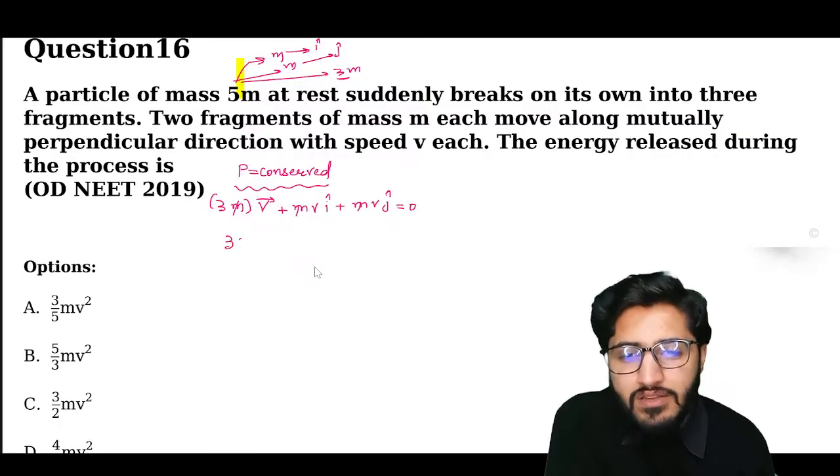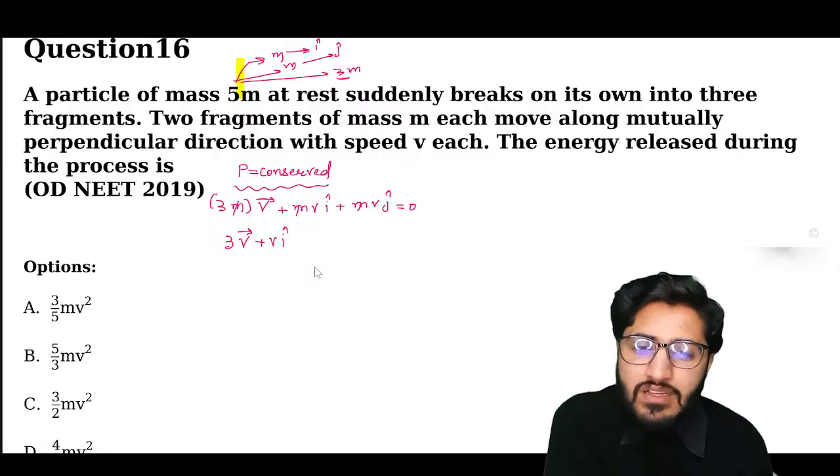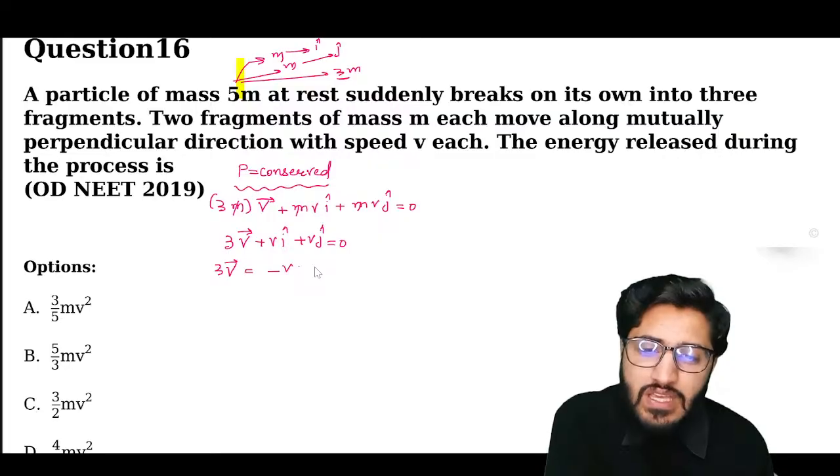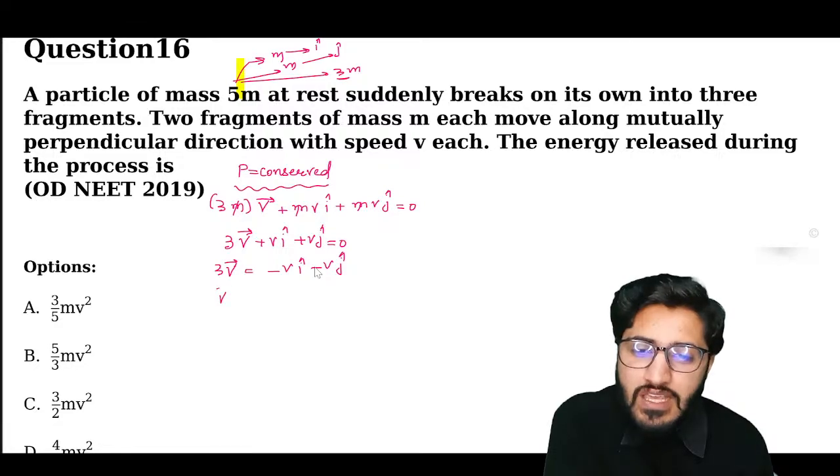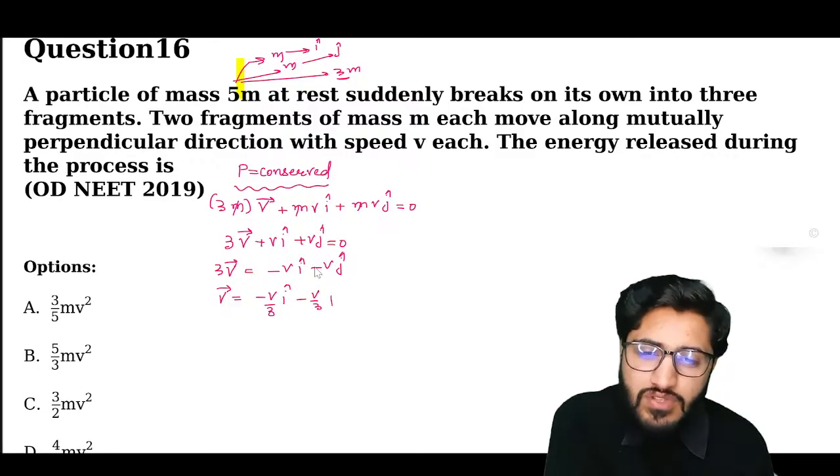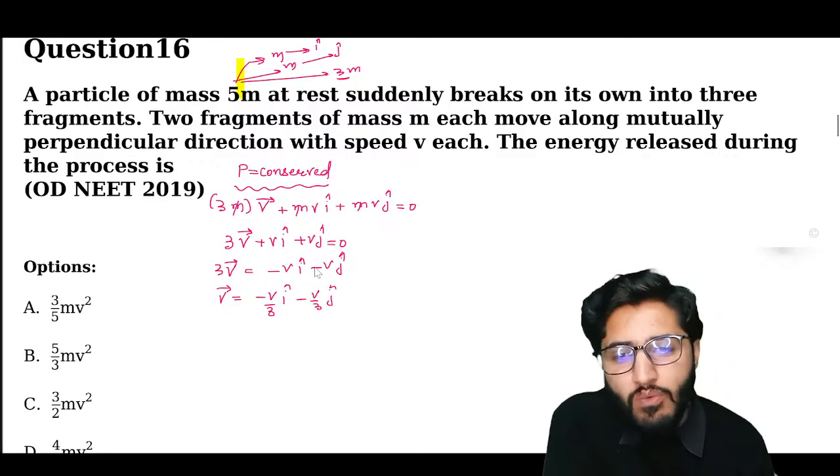So 3v vector plus v i cap plus v j cap equals 0. So 3v vector equals minus v i cap minus v j cap. The velocity came out to be minus v by 3 i cap minus v by 3 j cap.